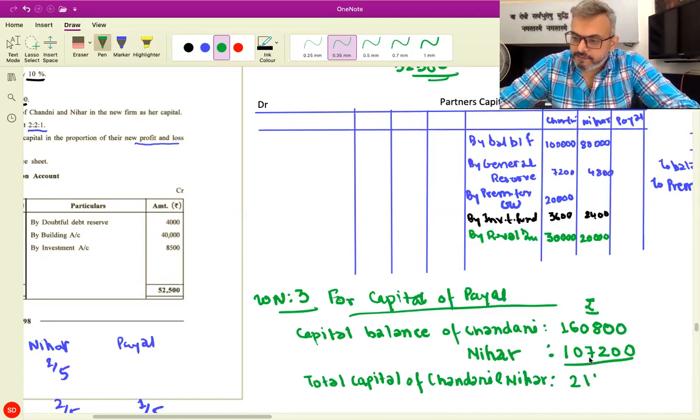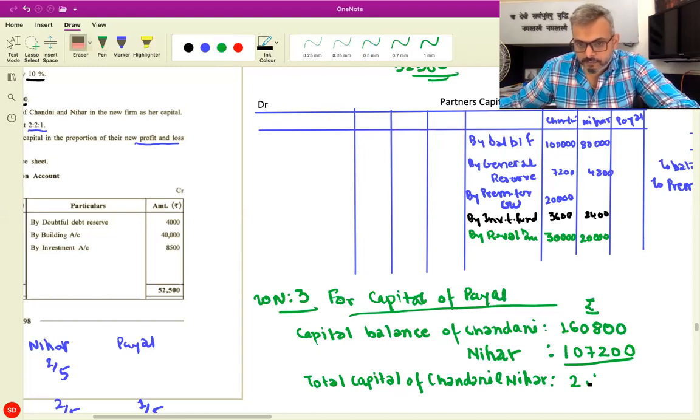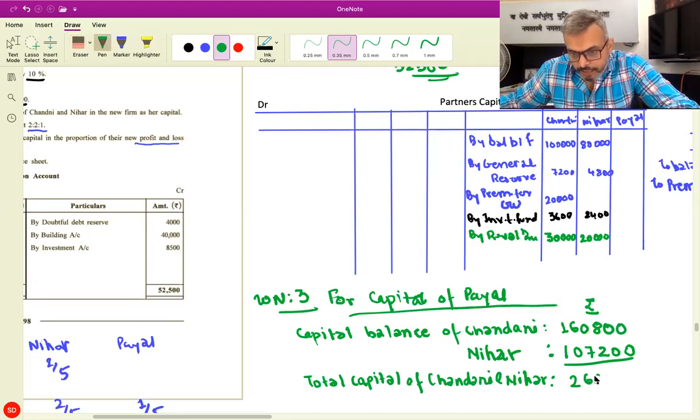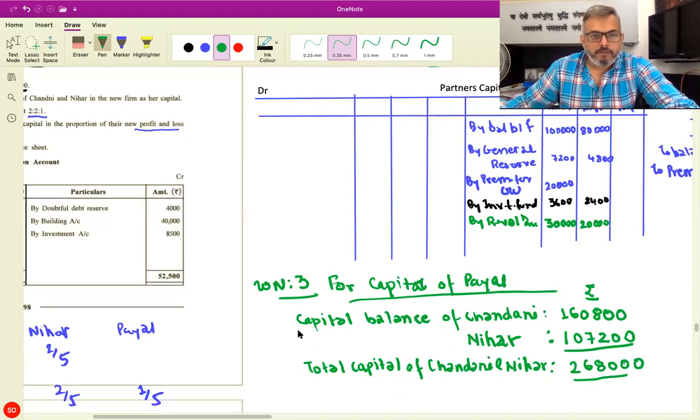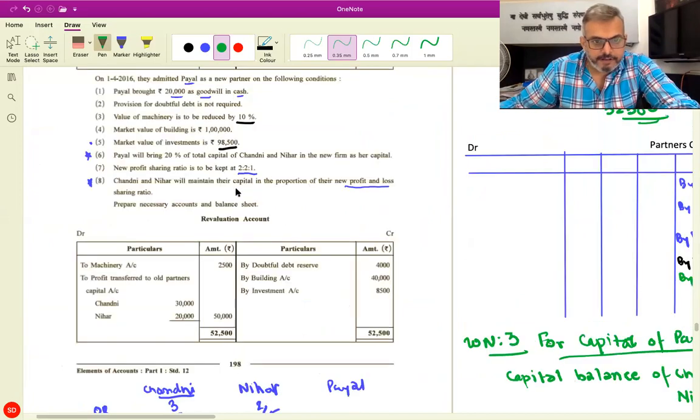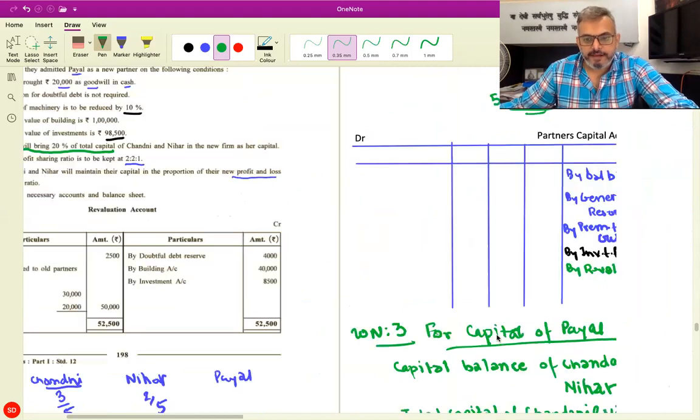Sorry, 1,60,800 plus 1,07,200, 2,68,000. Now, what is the capital brought by Payal? Payal will bring 20% of total capital of Chandni and Nihar.